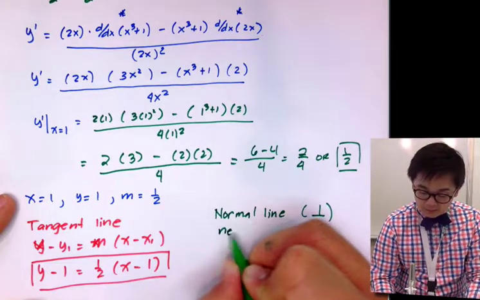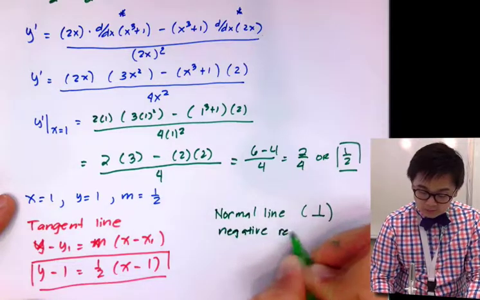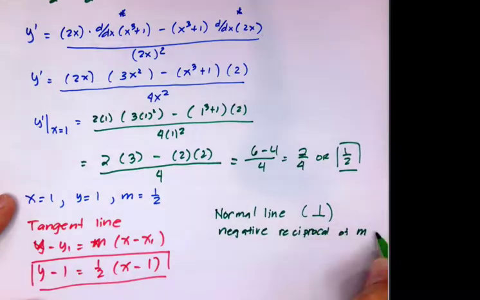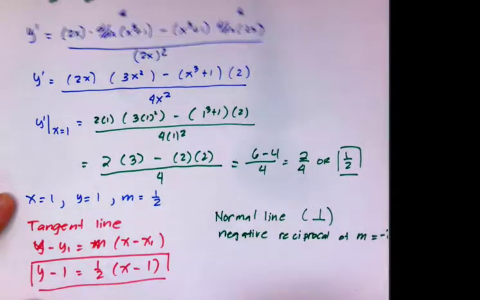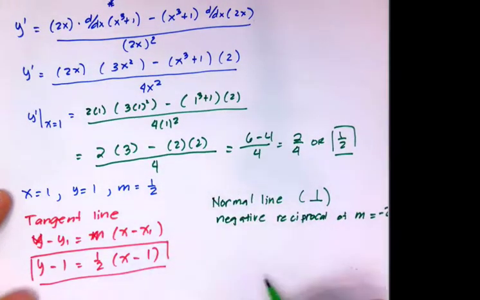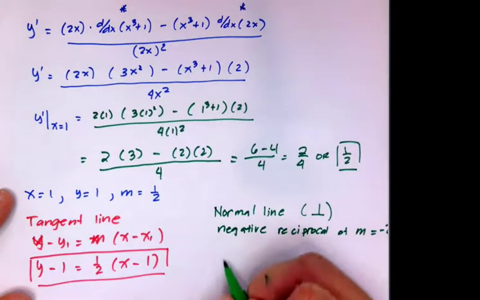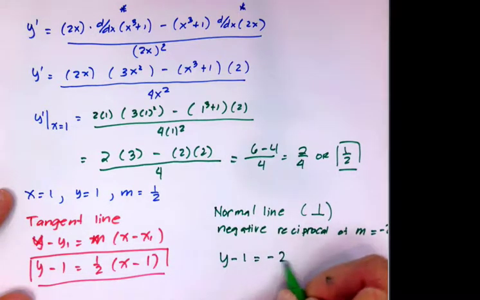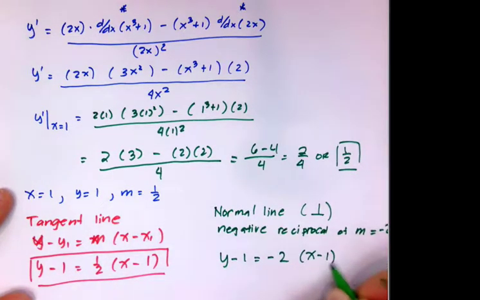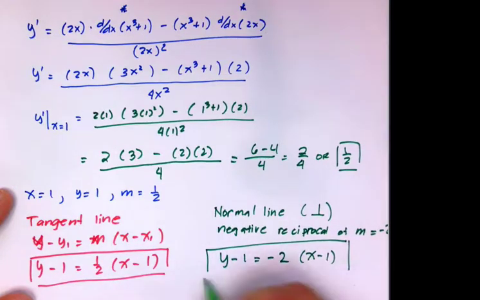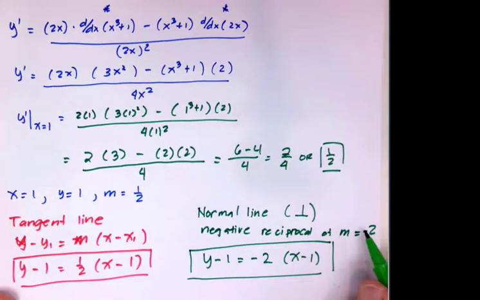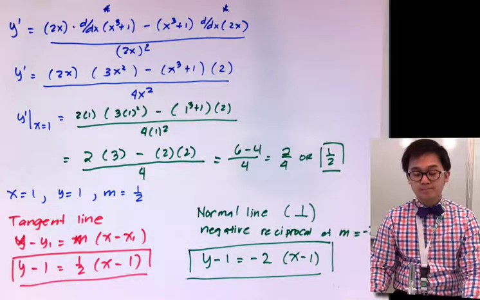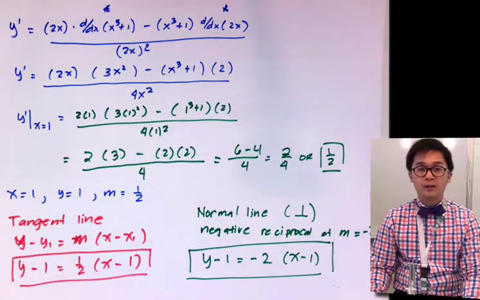So the negative reciprocal of m is simply -2, because if we have m = 1/2, its negative reciprocal will be -2, so we can now write our normal line, which is y minus 1 equals -2 times x minus 1. So this little piece of information right here is what you need to be able to answer the second part of the question. And this is how we find the equation of the tangent line at a given point.